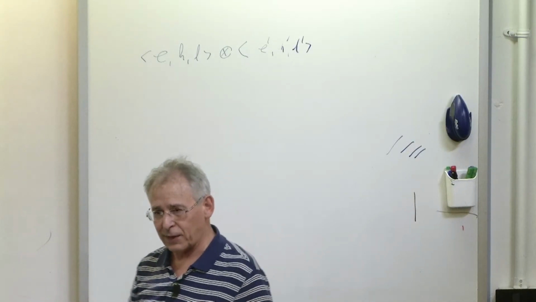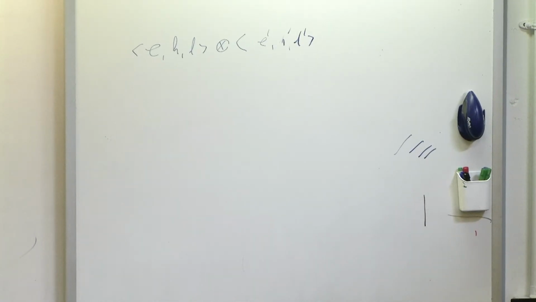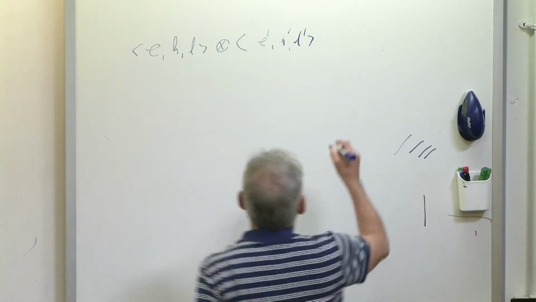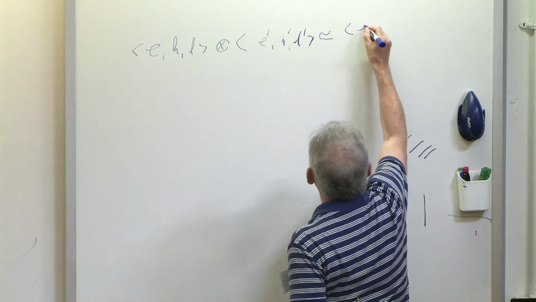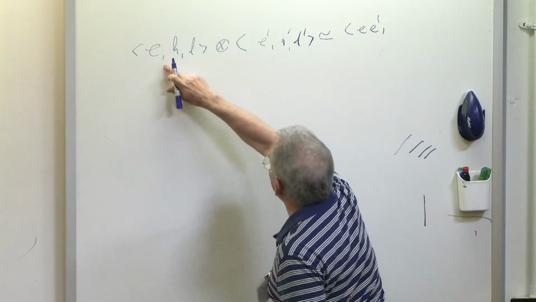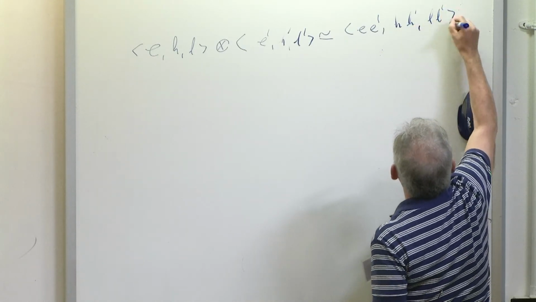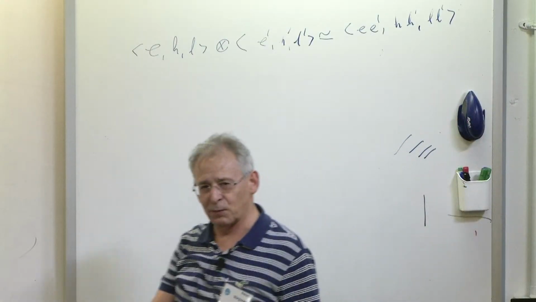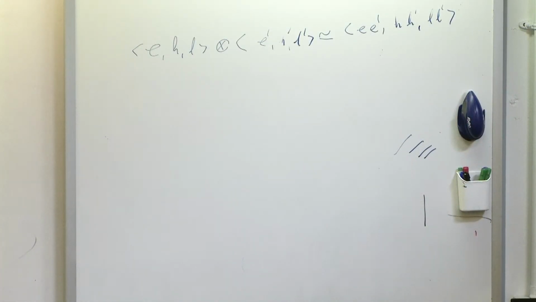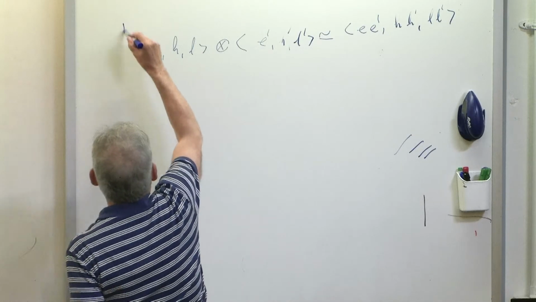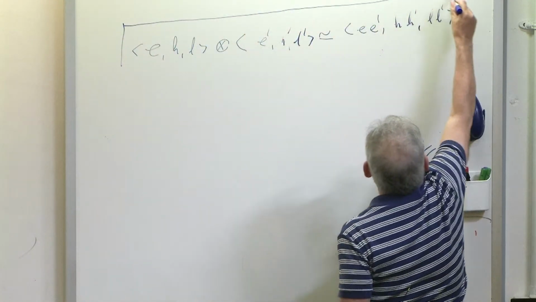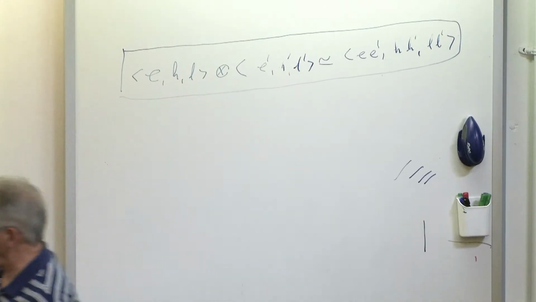So this collection of matrix multiplication tensors is closed under tensoring, that is to say, these isomorphism classes. So this is the same as this: you just multiply E with E prime, H with H prime, L with L prime. This is very easy to prove. You can prove it by writing the coordinates, the indices, but if you know the tensor product abstractly, it's clear. Very important. I will use this all the time.